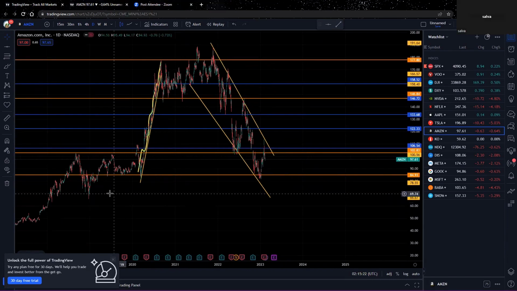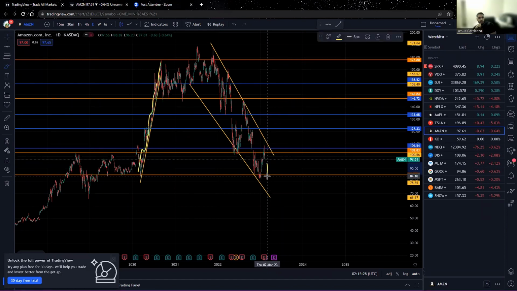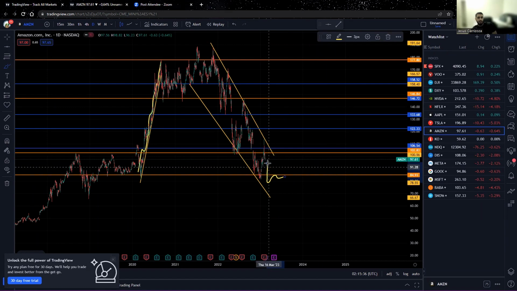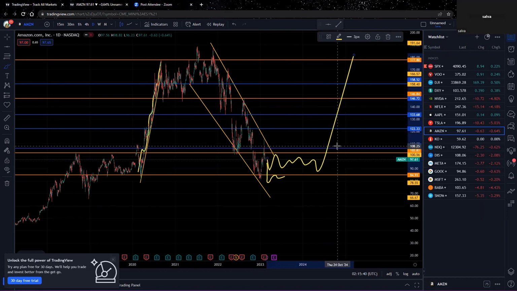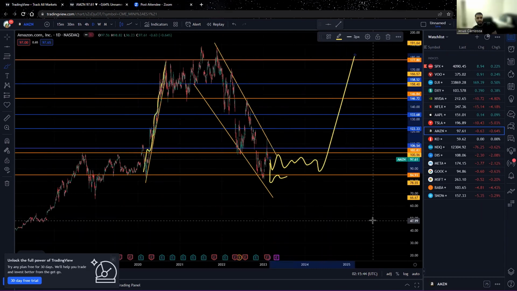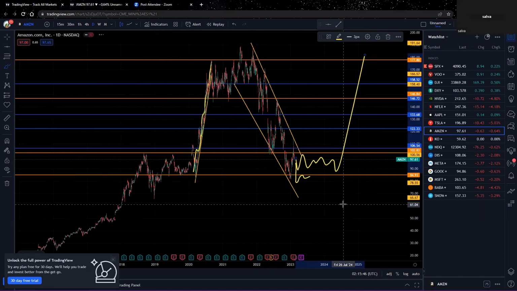So I think it's gonna reach back down to these levels, maybe a little like this, and then like this, and it's gonna consolidate right here for a bit before it goes back up. So you see something like this going on, and then consolidation, then a move up. Probably a move up, I think move up for sure.